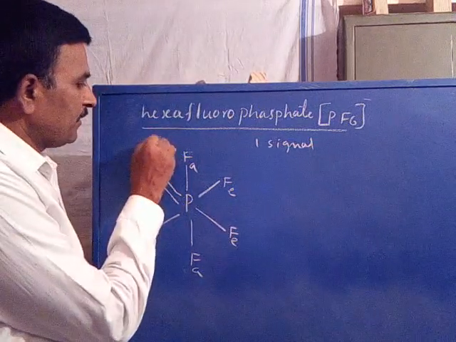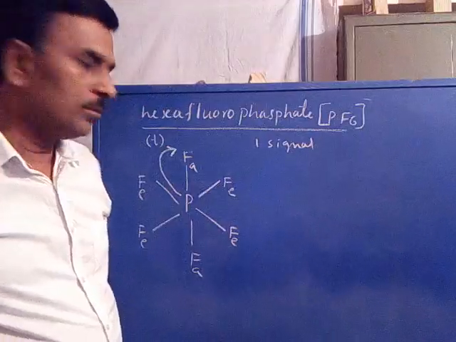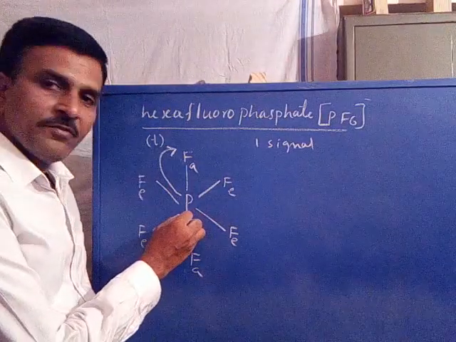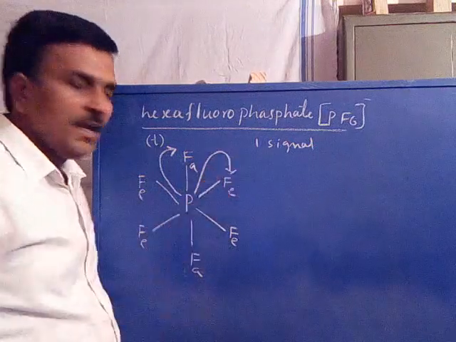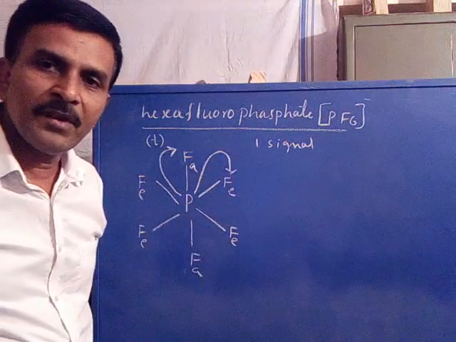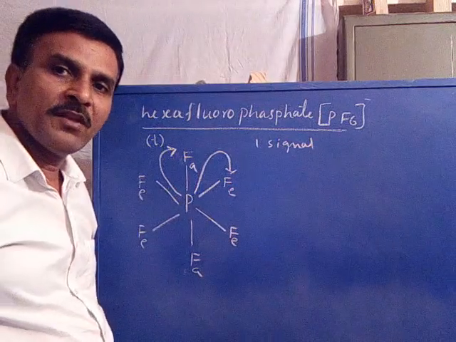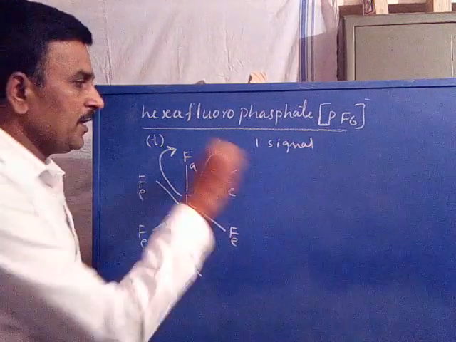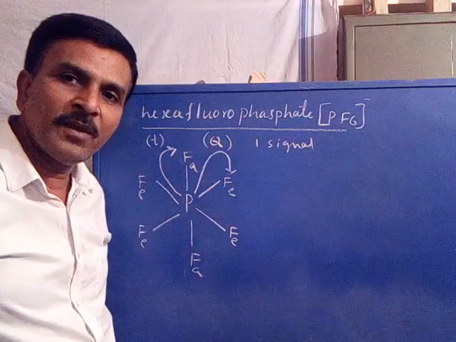it becomes a triplet. Now the same phosphorus when coupled with equatorial fluorine, how many equatorial fluorines are there? 4. So 4 plus 1, it becomes a quintet. It's one phosphorus.